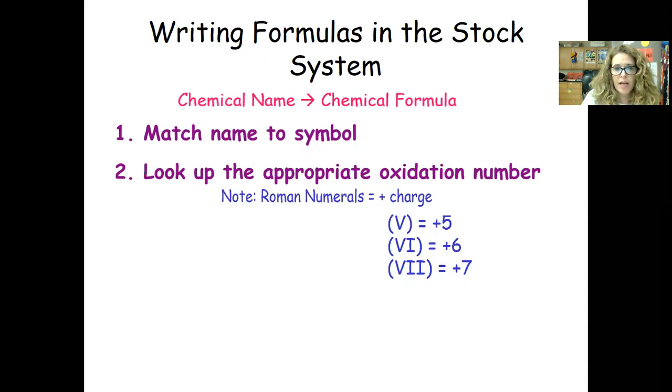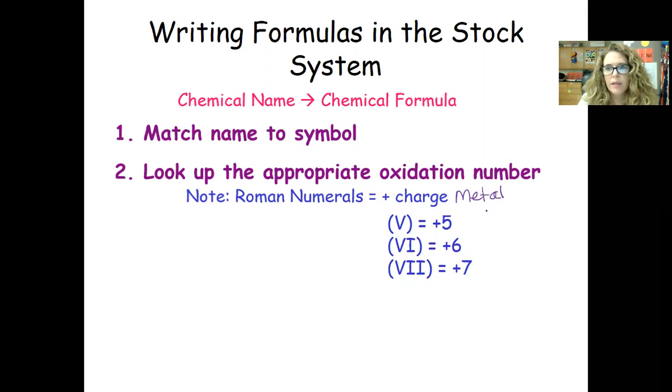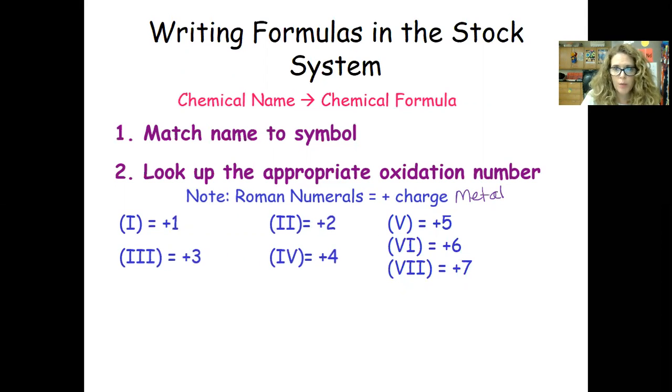We look up those oxidation numbers, and the Roman numeral is equal to the positive charge, which is almost all the time the metal, at least in this unit. So now let's learn some Roman numerals.